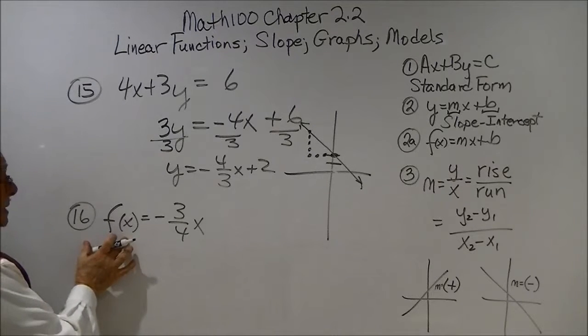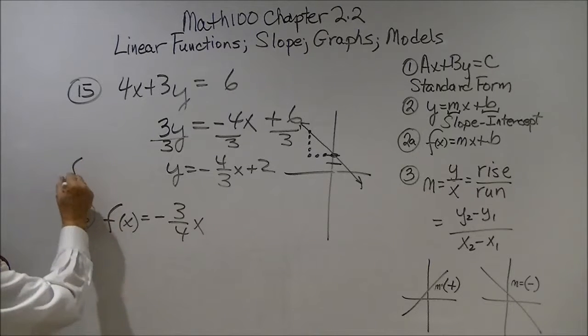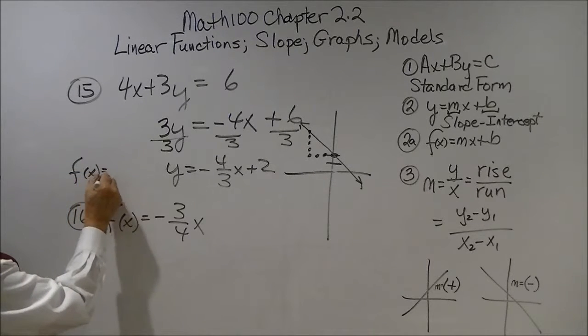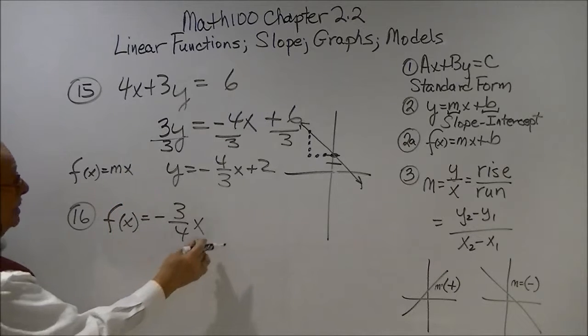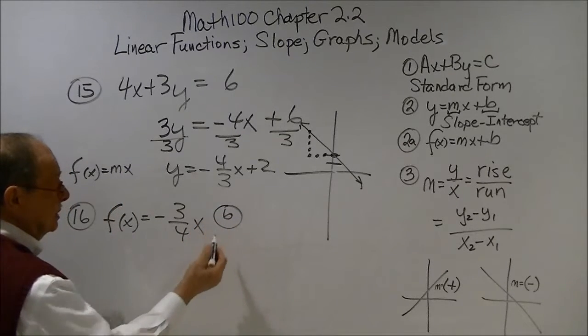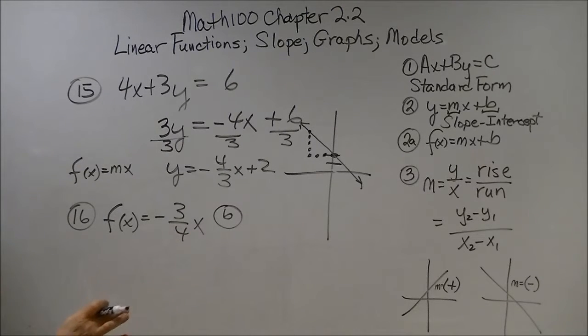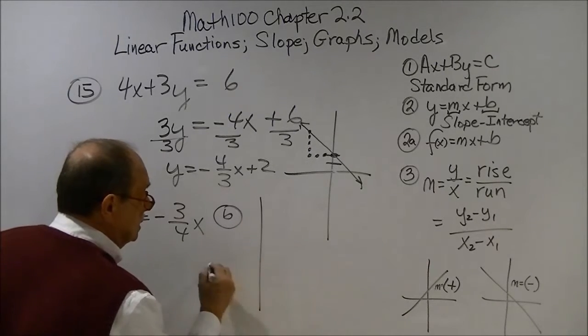Now for number 16, remember this was a modified form, which was f of x is equal to mx. There is no b term out here. Whenever there's no b term, the origin is the y-intercept.